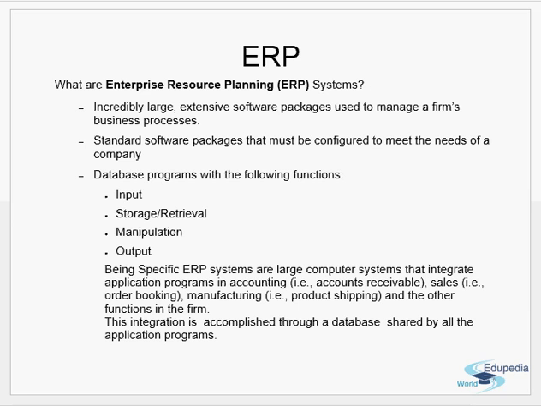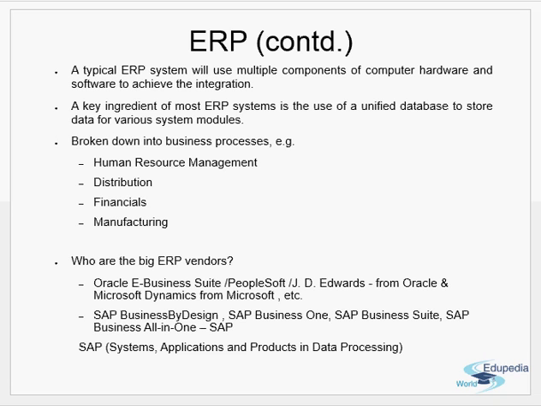And what is the core? What is the backbone of this ERP system? We need to have a database, because all the data that we retrieve, manipulate and give as output has to be stored in a database. Now, a typical ERP system will use multiple components of computer hardware and software to achieve the integration.